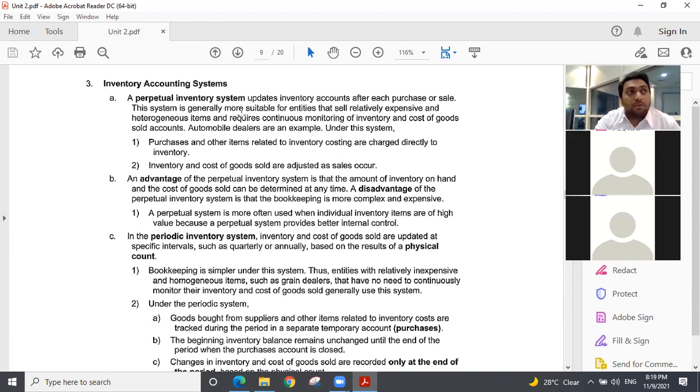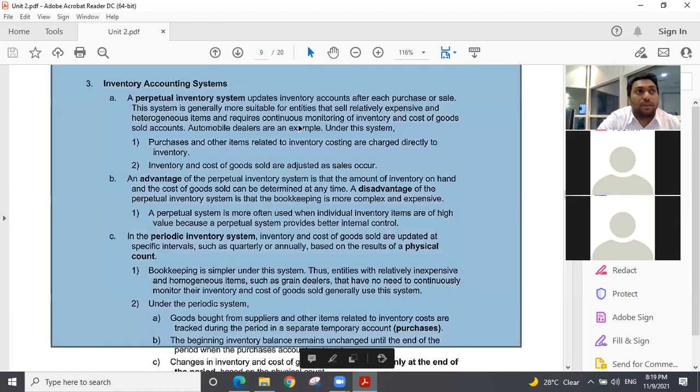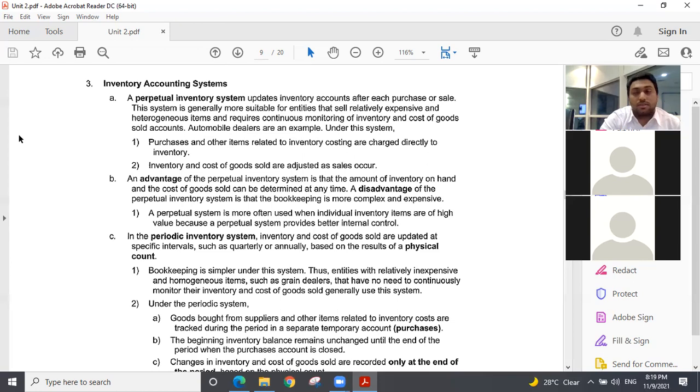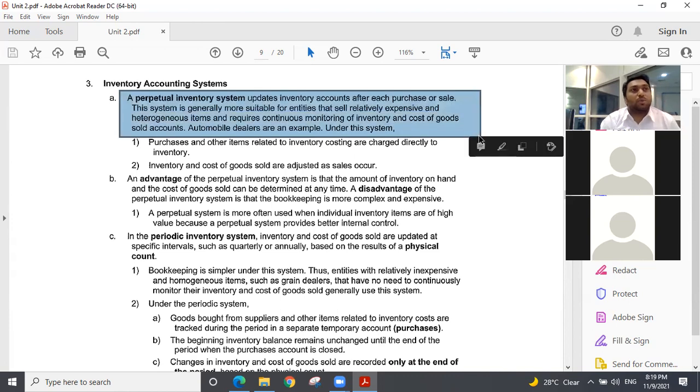This system is generally more suitable for entities that sell relatively expensive and heterogeneous items and require continuous monitoring of inventory and cost of goods sold accounts. Automobile dealers are an example, but nowadays, because there was no accounting system software at the time they formed this inventory system.